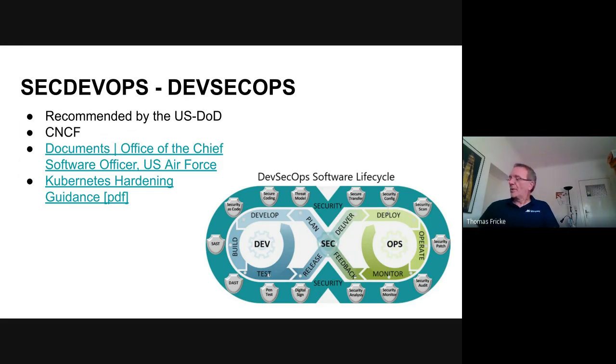And then what we are focusing on is more or less this part: security config, security scanning, patching, a little bit of auditing and monitoring. So we are focusing on the operational side of this DevSecOps model.